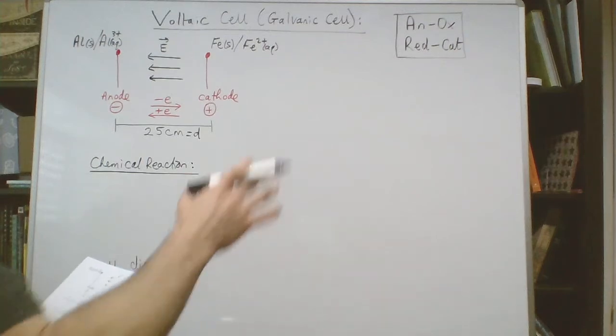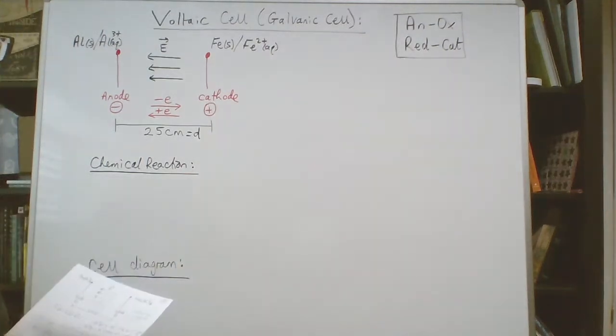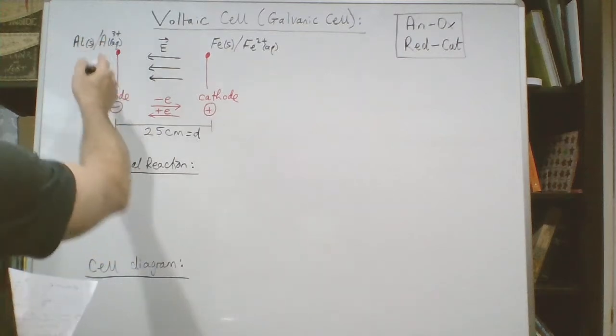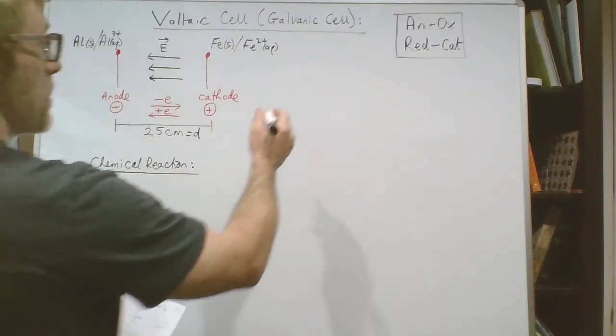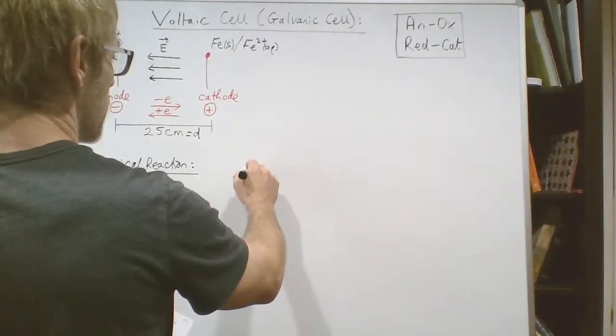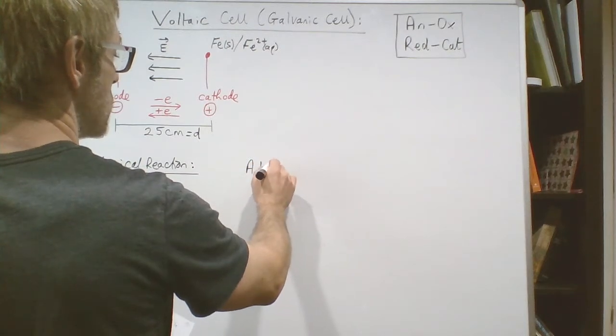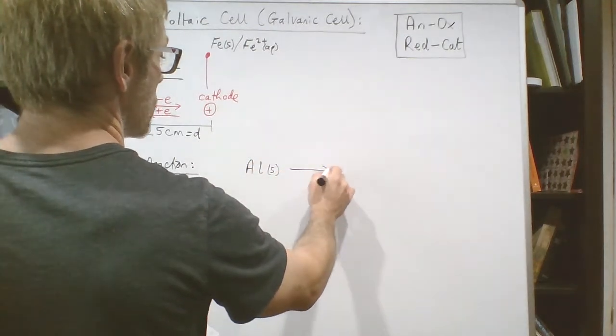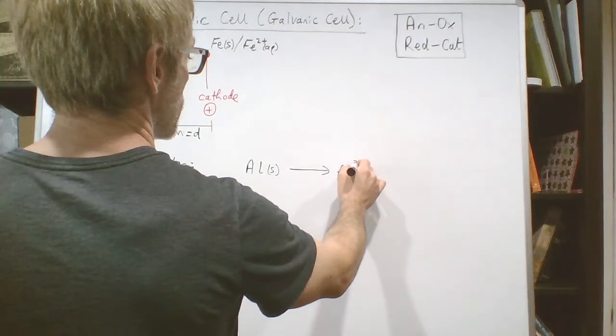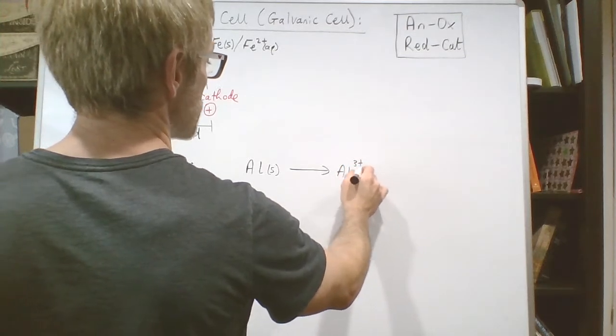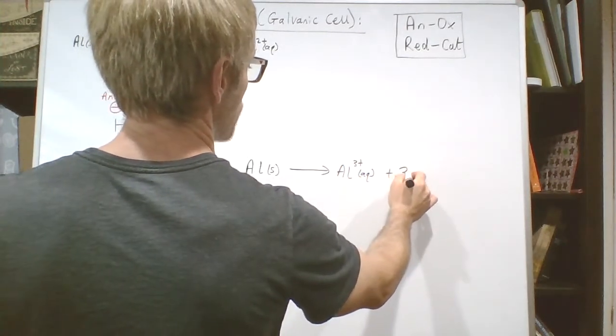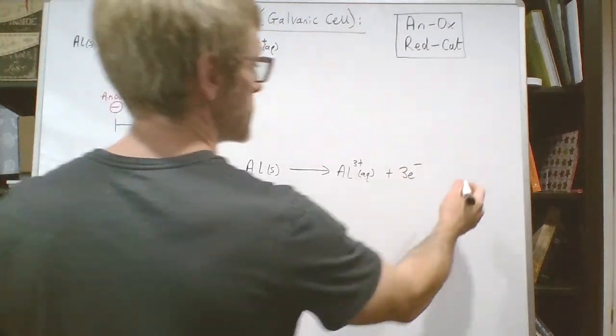So oxidation means I have electrons as products. So I've got oxidation with aluminum, so that means I have aluminum solid giving me aluminum 3 plus aqueous and 3 electrons. So this is oxidation.